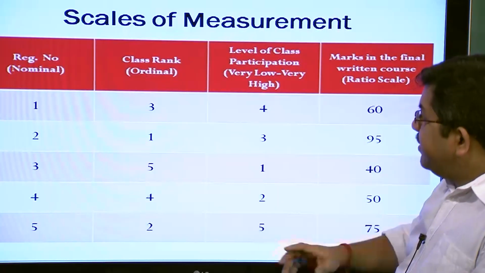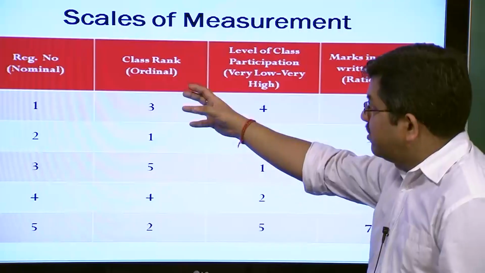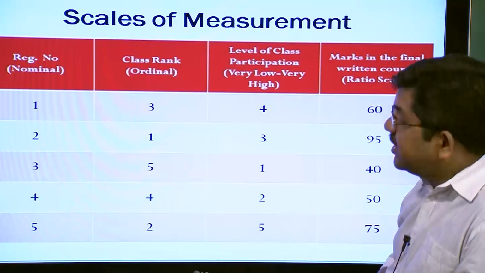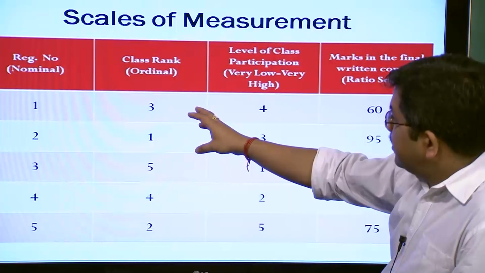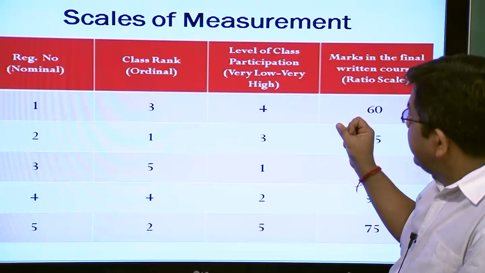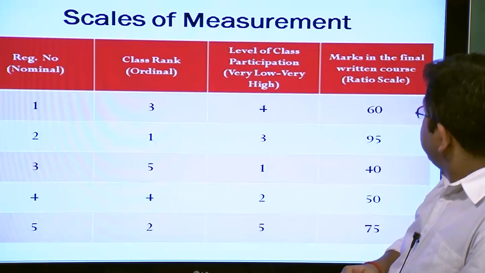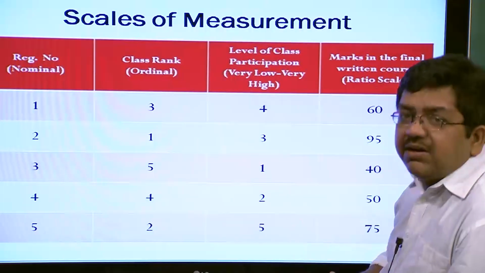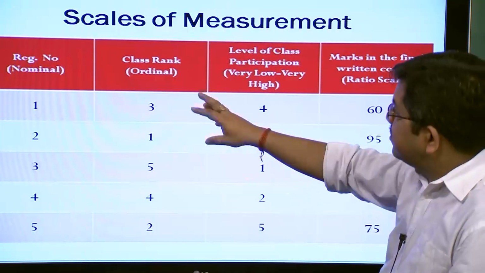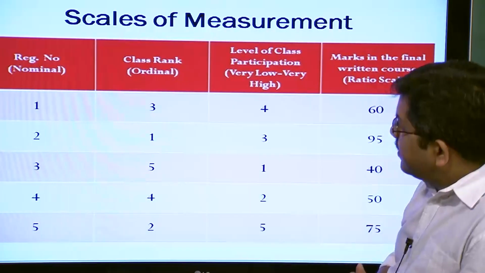There might be multiple ways in which I might have reached this class ranking, and one of the criteria is your level of participation, your marks in the final written exam, and there could be some other evaluation criteria that constitute your overall evaluation, and based on that I have come across the rank.